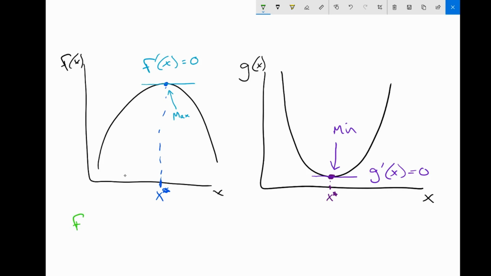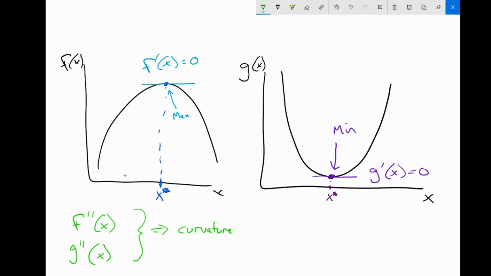Can anyone remember what the second derivative of a function tells us about the function? The second derivative tells us the curvature of the function. If the second derivative is positive, then it will be convex. If the second derivative is negative, it will be concave.